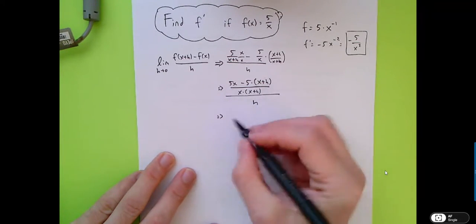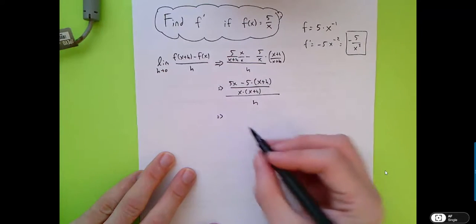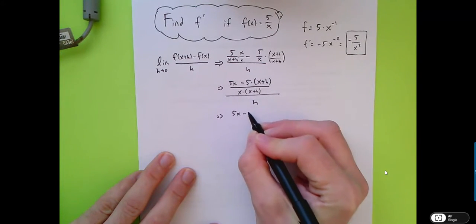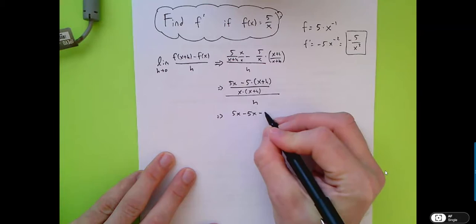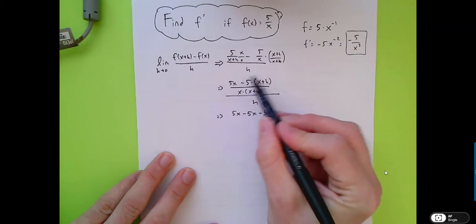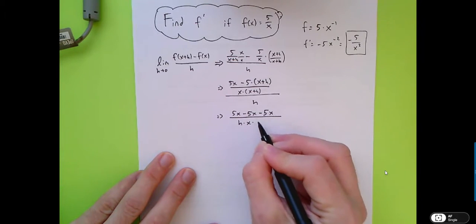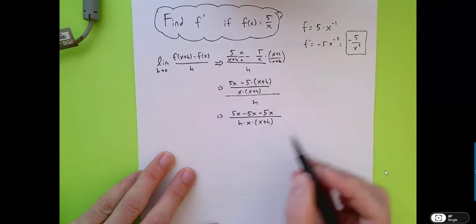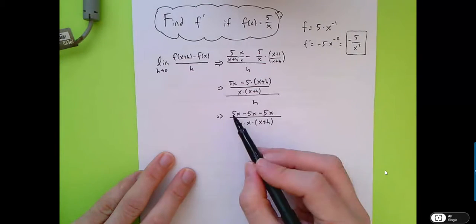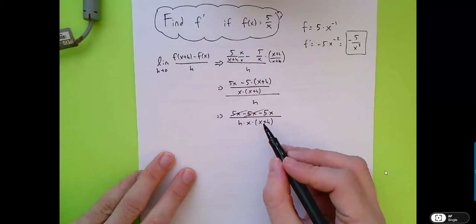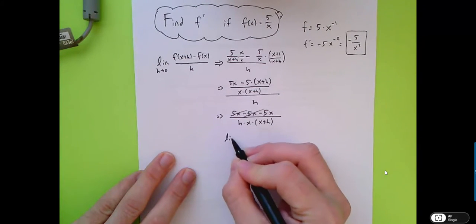So now I'm going to move this h into the denominator, and I'm going to distribute the top here. So I've got 5x minus 5x minus 5h, because I distribute the negative sign there. And now I've got h, x plus h. This is all still limit. So 5x minus 5x is 0. So now I'm going to reintroduce the limit.